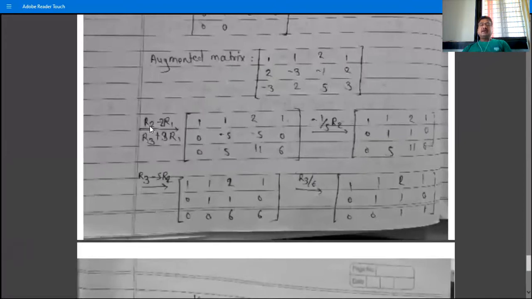So the operations are R2 - 2R1, R3 + 3R1. We have this, and then -1/5 R2, to reduce this -5 to 1. Then we have to reduce this 5 to 0, so R3 - 5R2. We have this as the last row. Then we have to reduce this 6 to 1, so 1/6 R3. So we have this, and this is an echelon form.